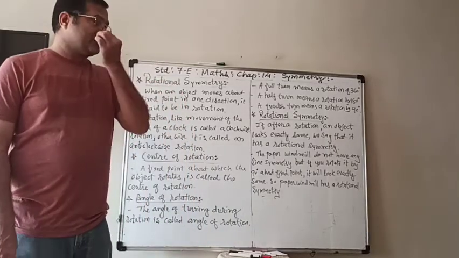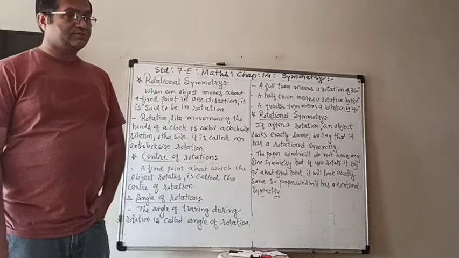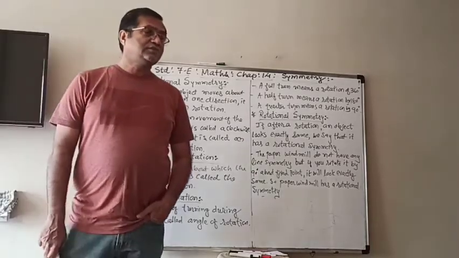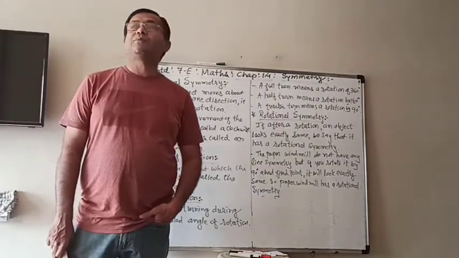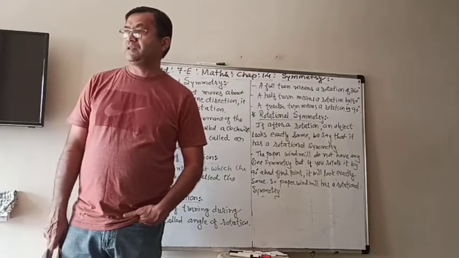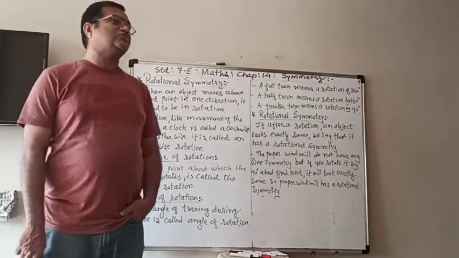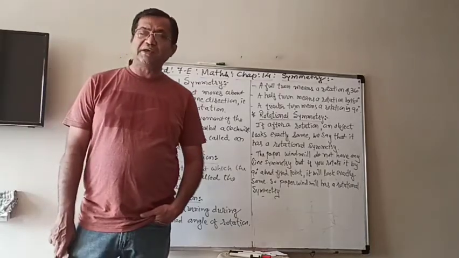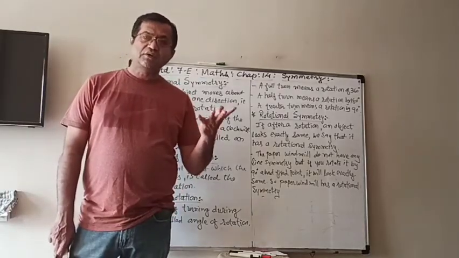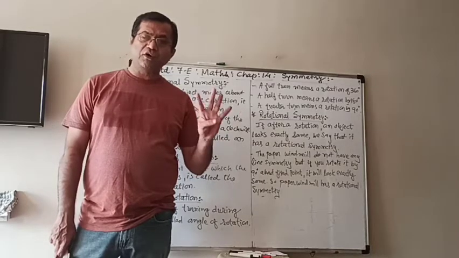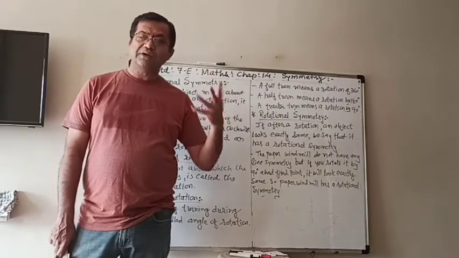We saw the irregular polygons and how many lines of symmetry they have. The regular polygons have as many lines of symmetry as they have sides. Means triangle, 3, a square, 4, pentagon, 5 and so on.